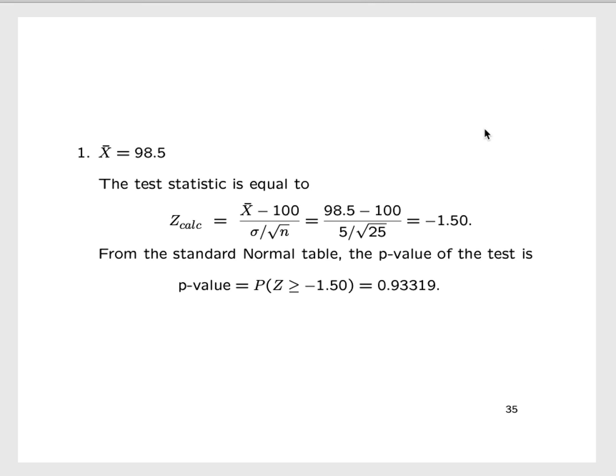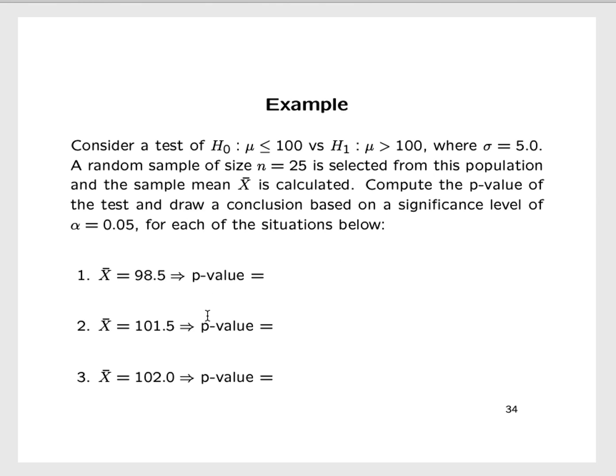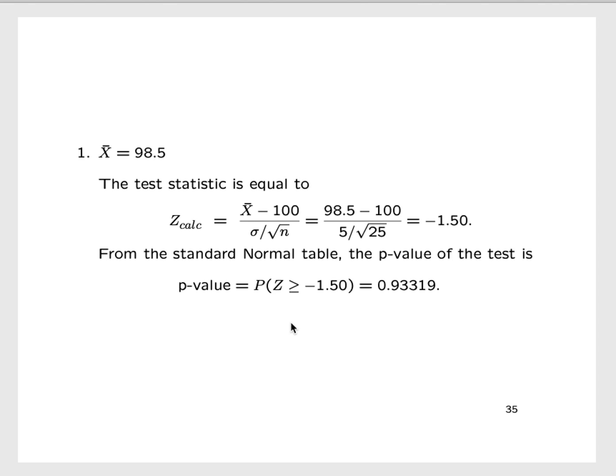Now, when x bar is equal to 98.5, the standardized version of the test statistic is equal to negative 1.5, and so from the standard normal table, the p-value of the test, which, by the way, is a right-tailed test, and so the formula for the p-value is given by the probability that a standard normal random variable is greater than or equal to the observed value of the test statistic z tau.